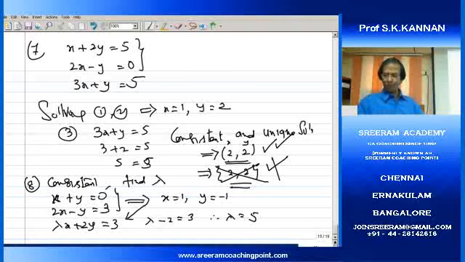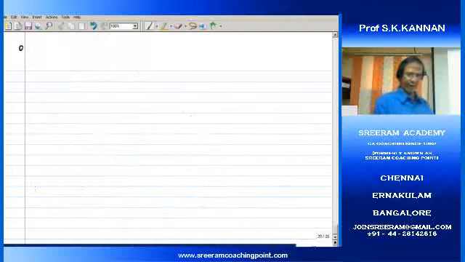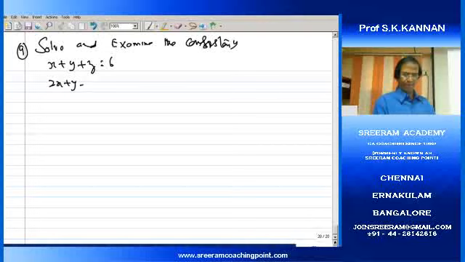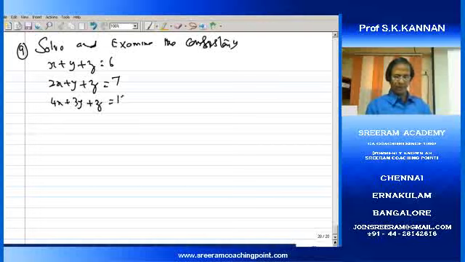2 variables done. Now 3 variables. Solve and examine the consistency. x plus y plus z equal to 6. 2x plus y plus z equal to 7. 4x plus 3y plus z equal to 13.